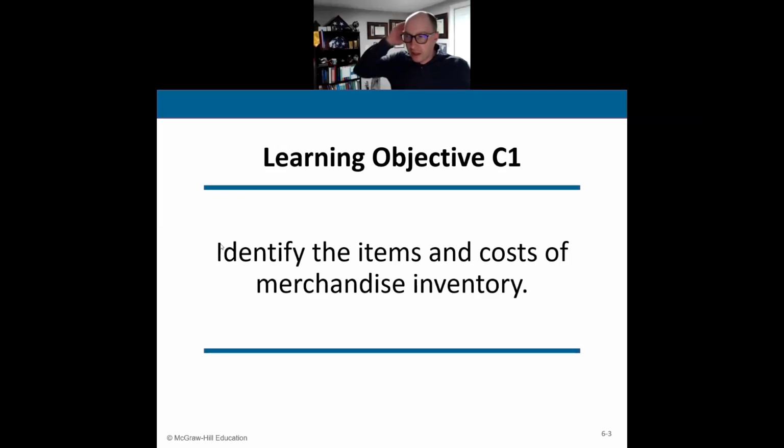Through today's conversation, I want you to think about what happened last week when we talked about inventory briefly. Remember, we gave the example of Macy's, and we talked about the difference between the perpetual inventory system and the periodic inventory system.